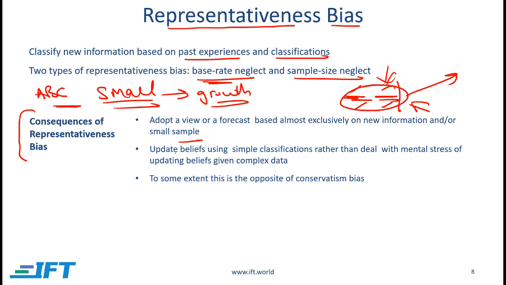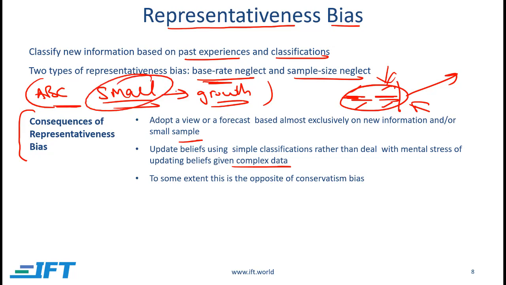Another possible consequence is where someone updates beliefs using simple classifications rather than deal with the mental stress of updating beliefs given more complex data. So this is the first example that I talked about, where it is easy for an investor to say that, okay, this is a small company, therefore it's a growth company.